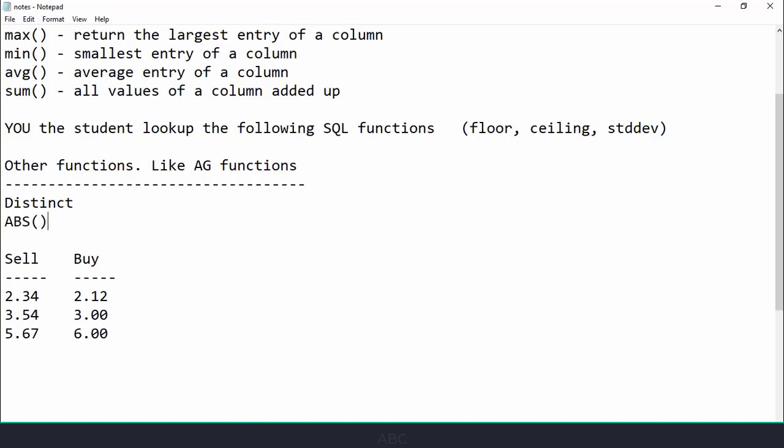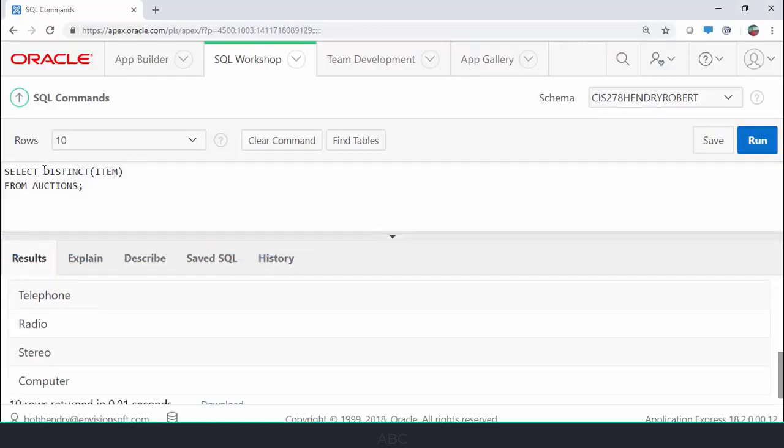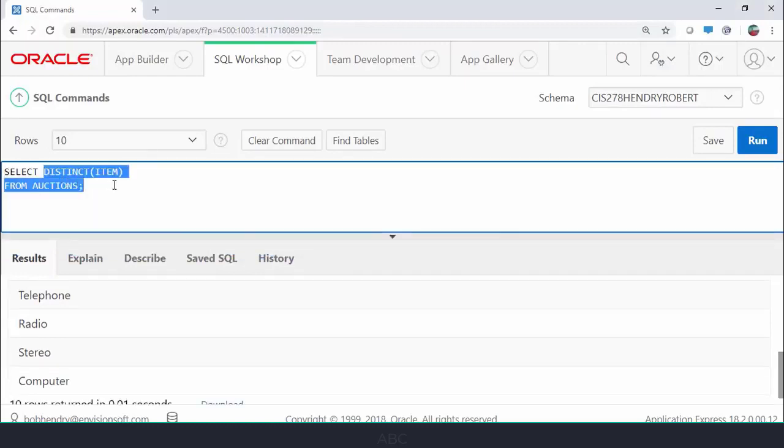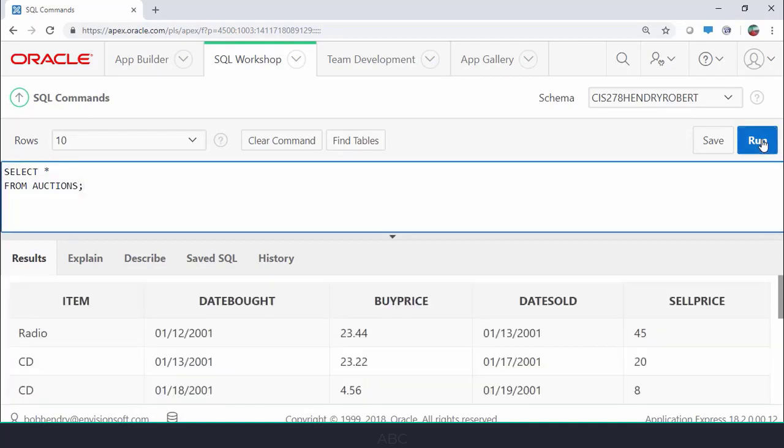So let's go into our data, and we'll say select star from auctions. There we go. Click on run. Okay, how about this?